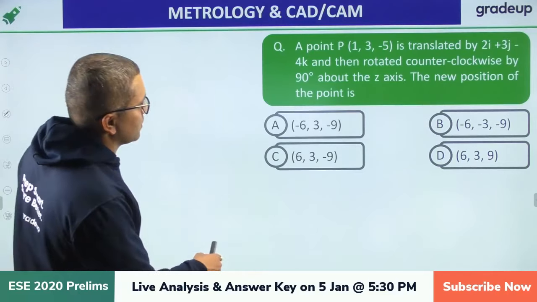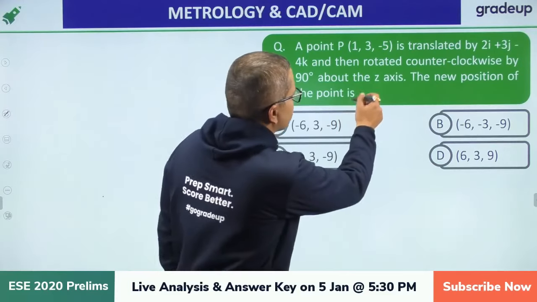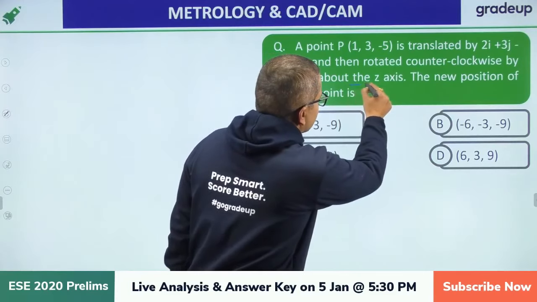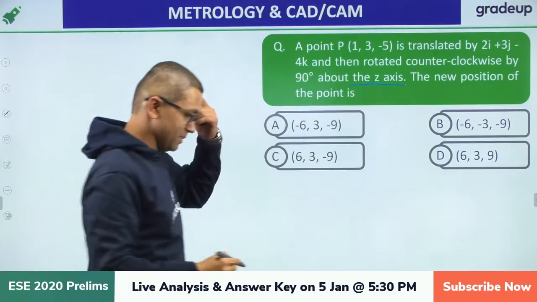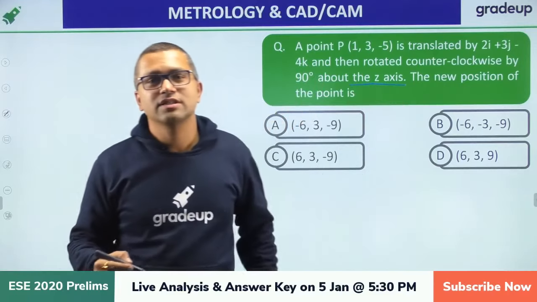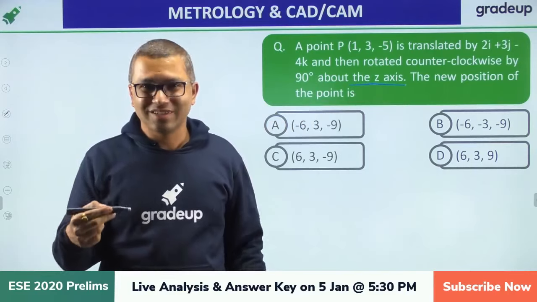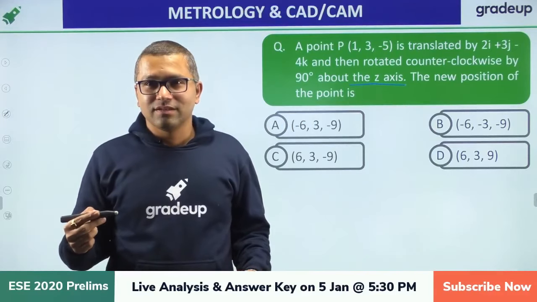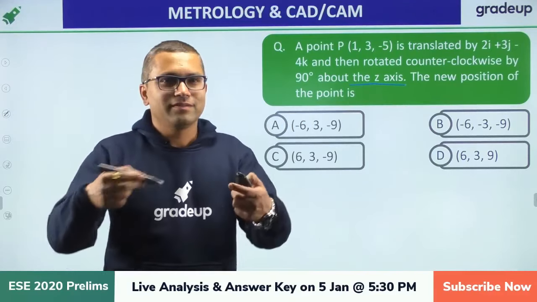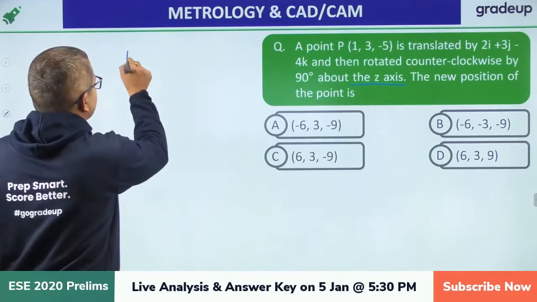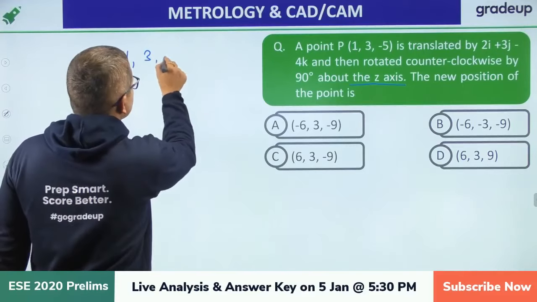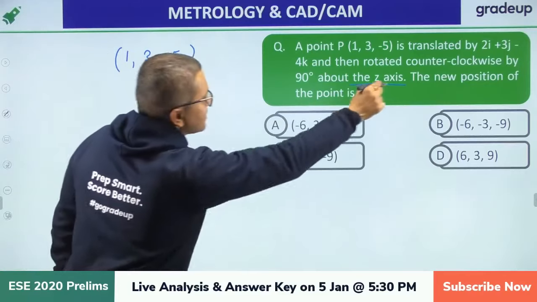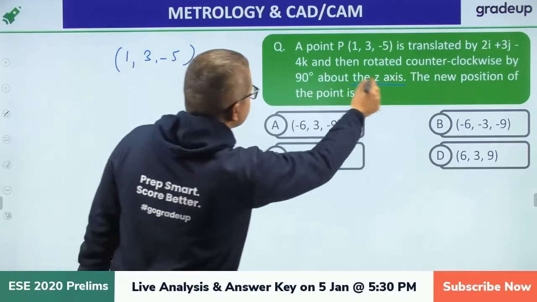Okay, so if it is rotated counterclockwise about the z-axis, it means that it has a rotation in xy plane. So what does that mean? Okay, we'll come to it. Fine. Firstly, the point 1, 3, minus 5 is translated by 2i plus 3j minus 4k.